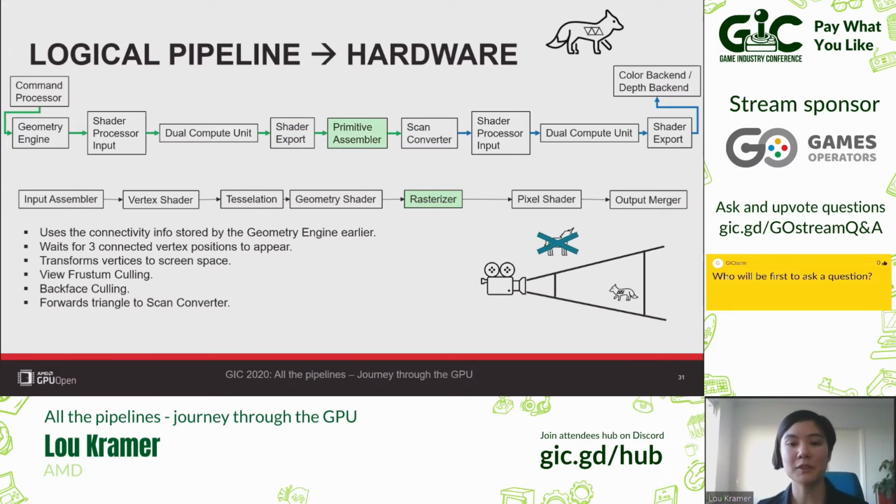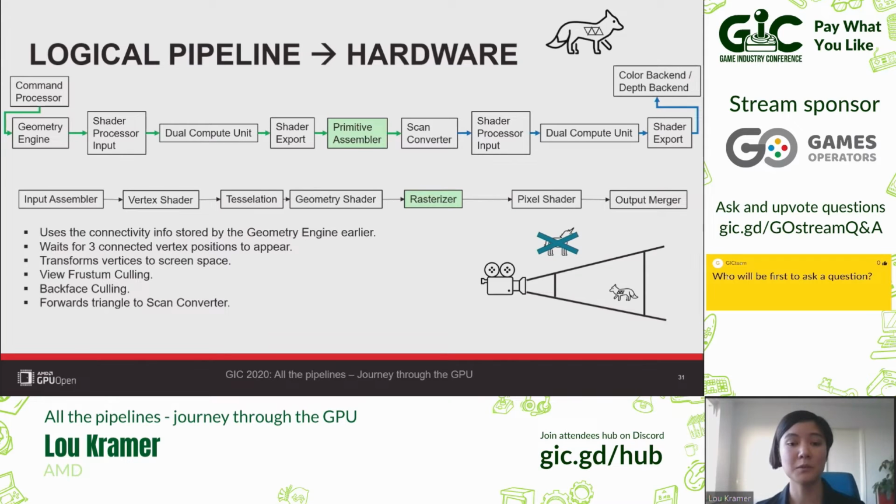Then the primitive assembler. The primitive assembler retrieves all the vertices. It also retrieves the connectivity information from the geometry engine, and it reassembles the triangles. And then it also does some post-processing steps. This is also already optimization that the hardware does for you.